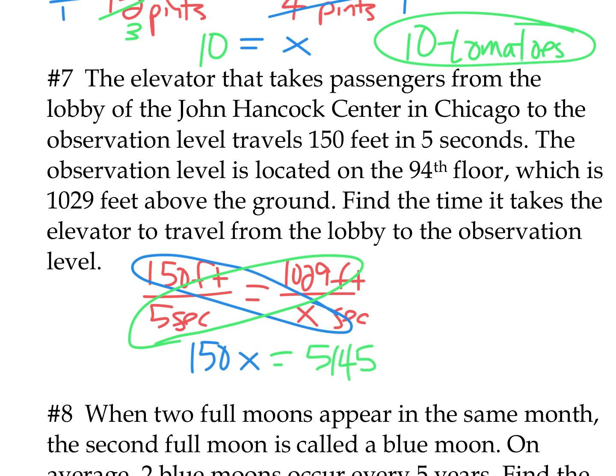And then we can divide that, right? We have 150x, so we can solve this by dividing by 150 on both sides. And it comes out to 34.3, so a little over 34 seconds. We'll put 34.3 seconds. Okay? Take a little over 34 seconds to get from the lobby up to that observation level.